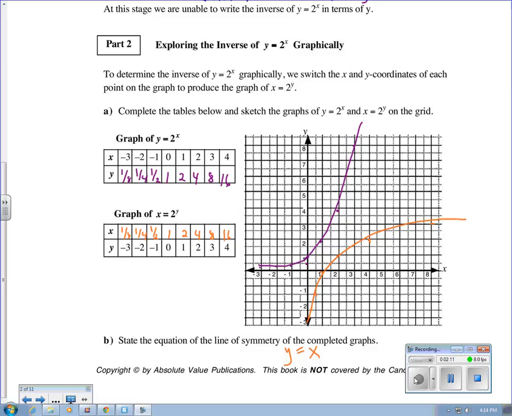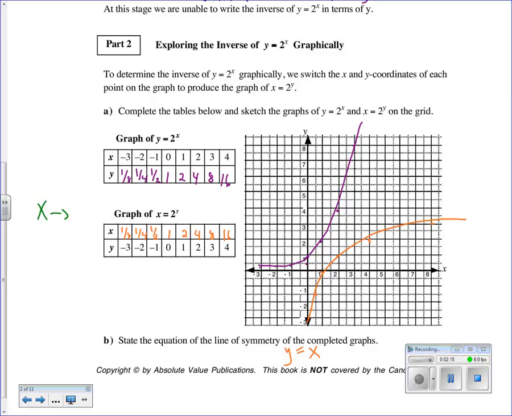It's really easy to find inverse by flipping your x to your y and your y to your x. We can do that with the table of values. I've graphed that. Typical relationship between the graph of an exponential equation and its inverse, which is going to get new language. Let's turn the page over.